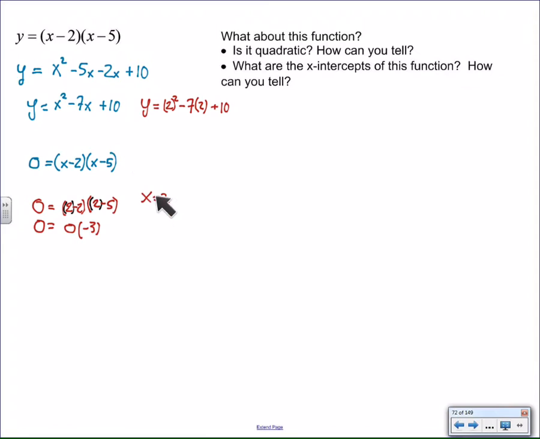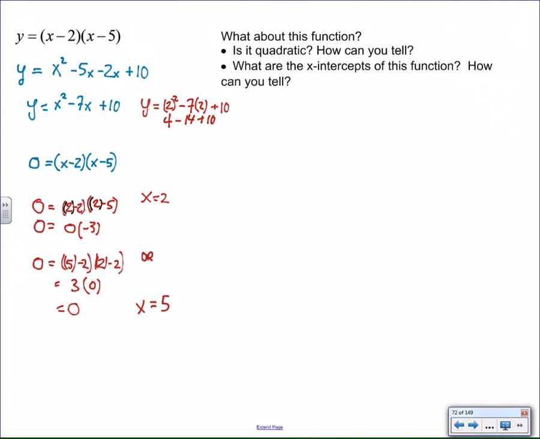So I should be able to put 2 in for x up here, and it should give me the value 0, because I've just found an x-intercept. And sure enough, 4 minus 14 plus 10, 4 plus 10 is 14, take away 14, we get 0. So we've definitely found the solutions to this equation. The other one is 5, because then we'll get 3 times 0. 0 equals 0, so x equals 5 is another one of my solutions.